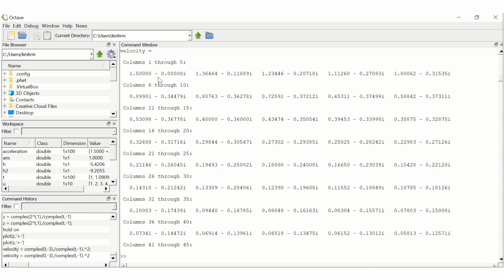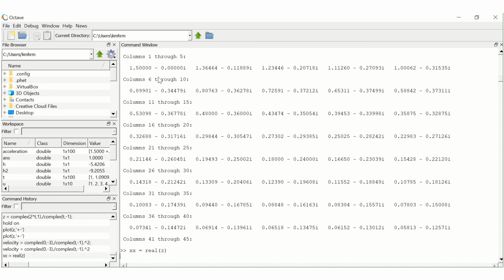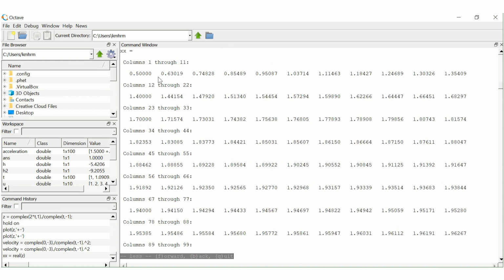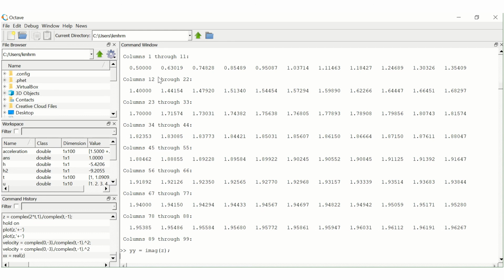You are going to define the position, that is xx. This is the real part of the z value, the complex number, and of course you have many data again. And y, let's just call it yy. You can actually call it any name you want, but in this case, to make it simple, I just call it yy, and this is the imaginary part of the complex number z.